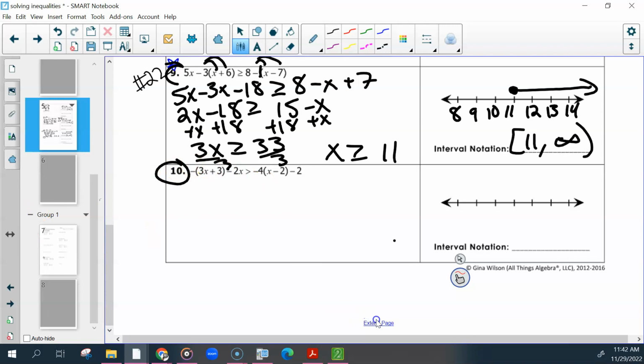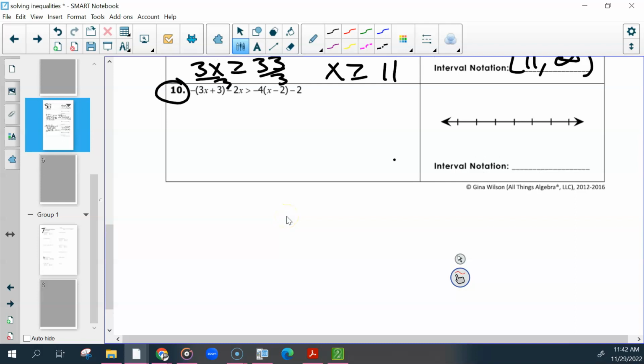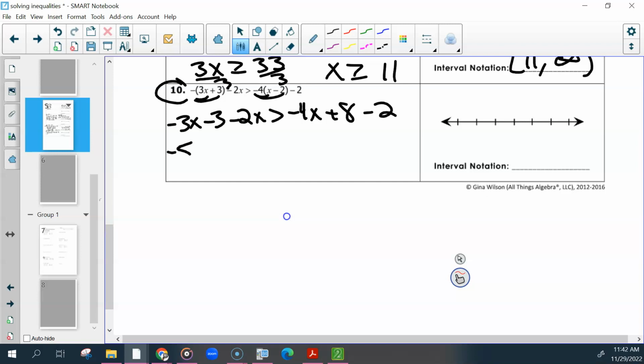And then number 10. Again, you have 2 things you have to distribute. So we have negative 3x minus 3 minus 2x is greater than negative 4x plus 8 minus 2. Combine your like terms on the same side. So negative 3 minus 2 would be negative 5.